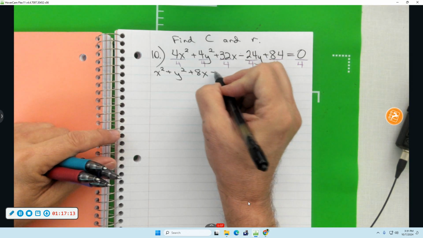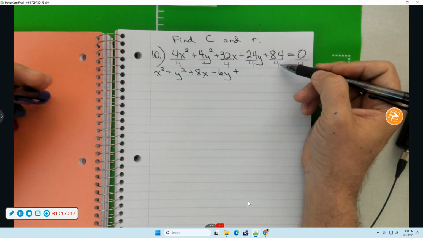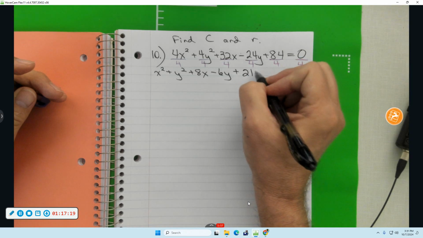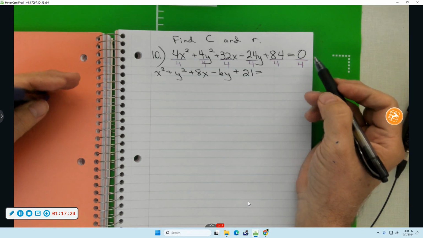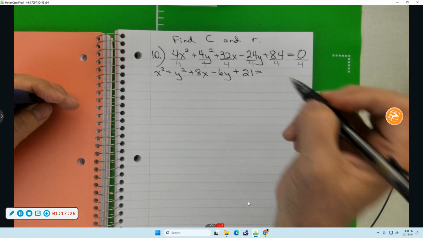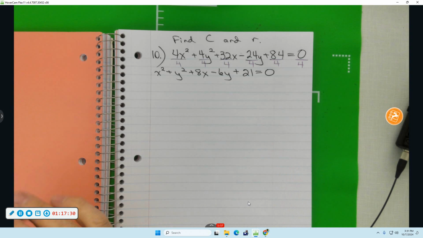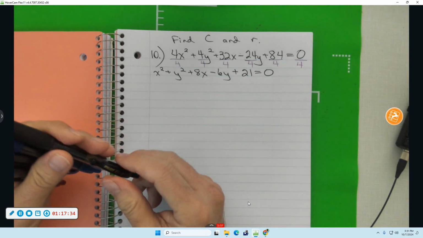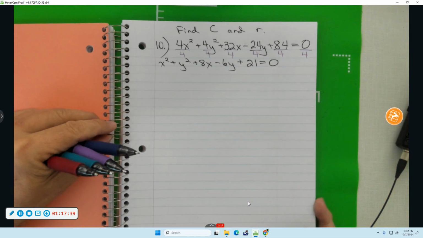Okay, so we have a minus 6y plus 84 divided by 4, is that a 21? Equals 0 divided by 4 is 0. Okay, I thought I'd surely get someone to say undefined. Remember, it's okay to have a 0 on top. It's a 0 on the bottom that's no good.